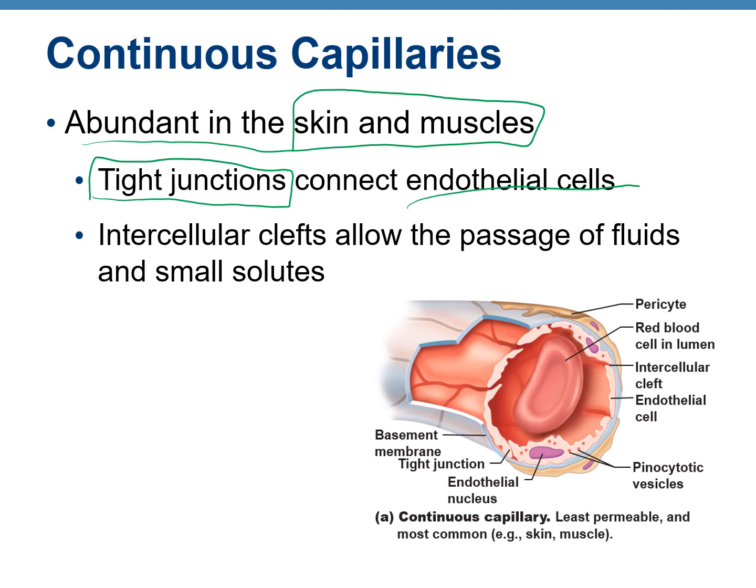An intercellular cleft, you can see it right here, for example, or right here. Those are the gaps between cells that make up the wall of the capillaries, and it allows fluids and small molecules to move in and out of the capillaries. So those are continuous capillaries, the most abundant.